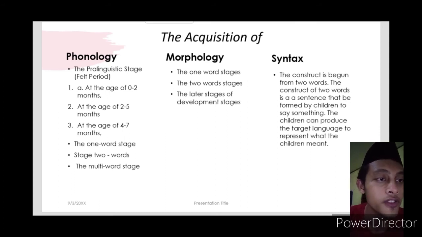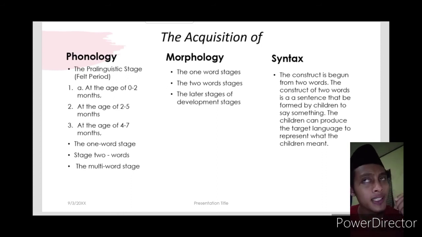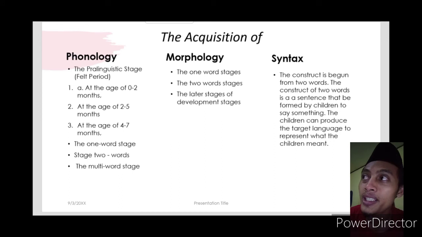A construction of two words is a sentence formed by children to say something. For example, they hear their mother say, "Father comes." From these two words, the children can use these words again in another case.